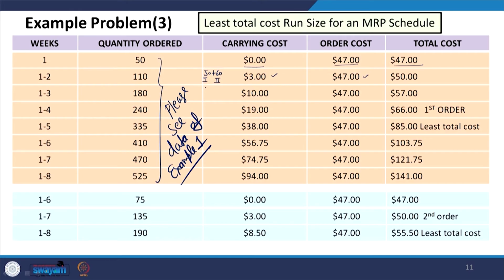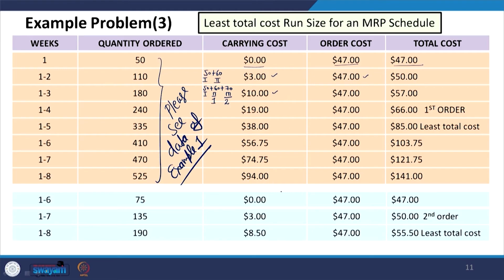Now here you are ordering 50 plus 60 plus 70 for the first, second and third periods. 50 will be finished in the first period, 60 will stay for 1 week and 70 will stay for 2 weeks, and based on that your total carrying cost will be 10, and so on.